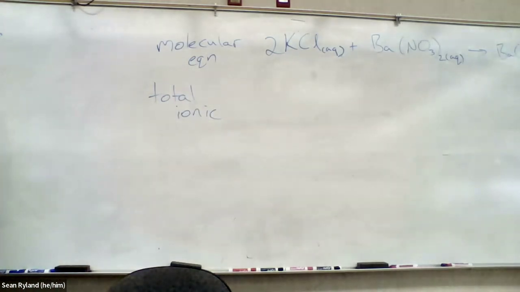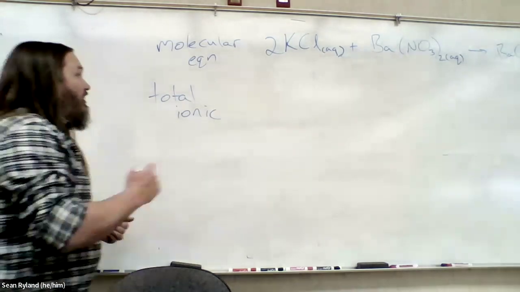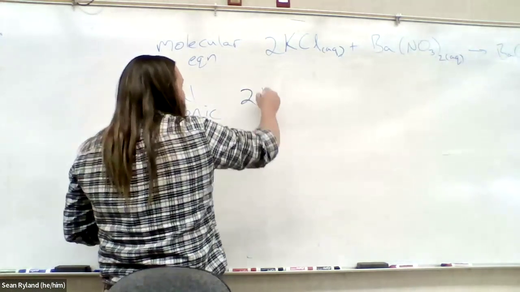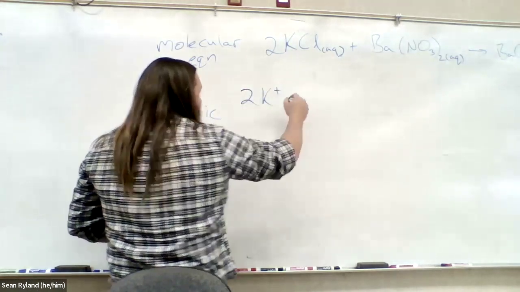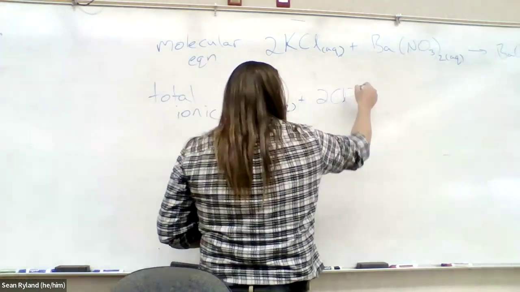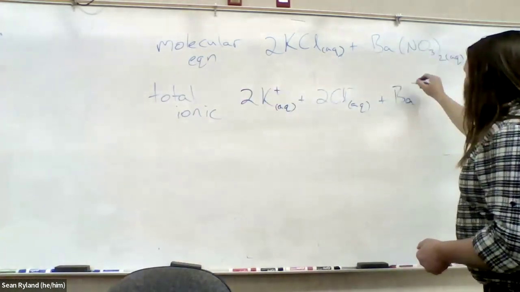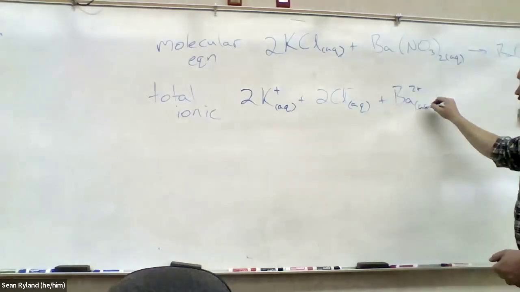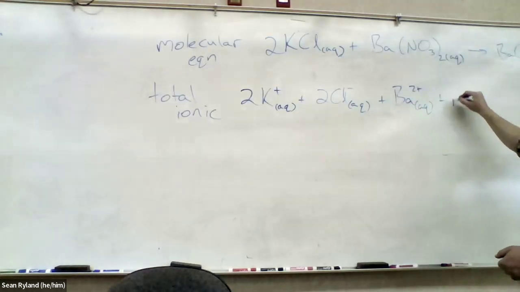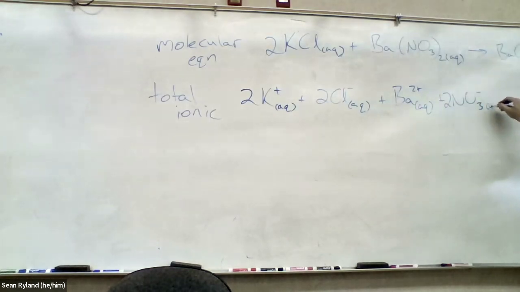So it's more writing, takes up more space, but it's actually a better idea of what's really going on. You really have two potassiums, aqueous, plus two chlorides, aqueous, plus barium, aqueous, plus two nitrates, aqueous.